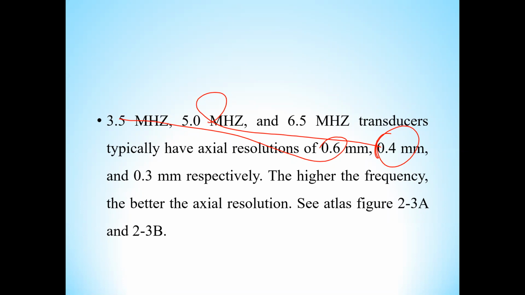For example, if two structures are placed at a distance of 0.3 mm and your machine is able to separate them from each other, that will be better axial resolution.